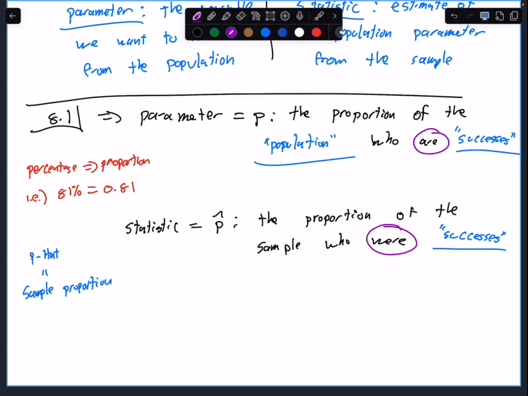Versus when I talk about the sample, I talk about it in past tense, because I know what the sample already is. I collected the sample, and this is what it was, not what it is. Are versus were.